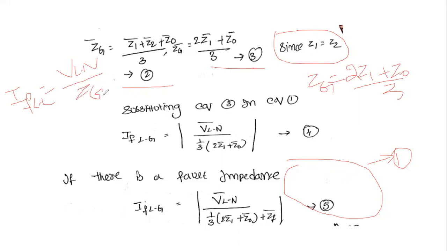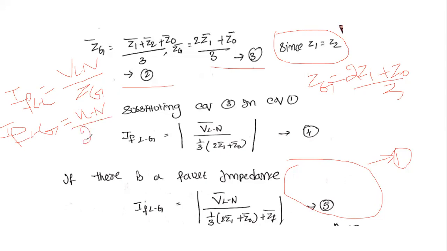ZG is equal to 2Z1 plus Z0 by 3. Substituting, IF, the line to ground fault current, is equal to VLN by ZG.